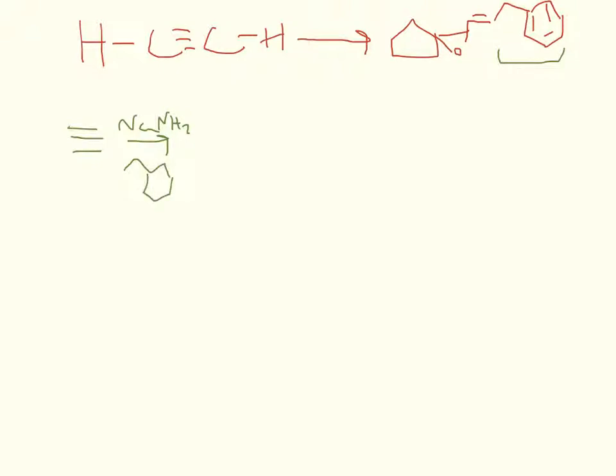I really wish I could draw phenyl groups. And then you have to have the iodine on the end so that it will do an SN2 reaction. And so when we do that, you get this thing.